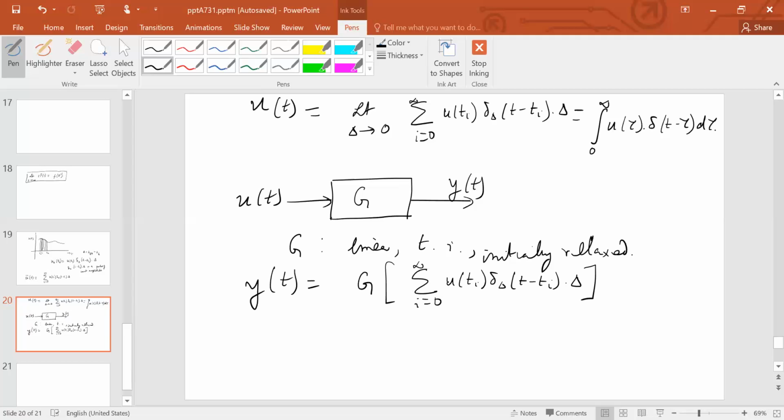Since it is linear, additivity and homogeneity hold. So remember that this is just a scaling factor.